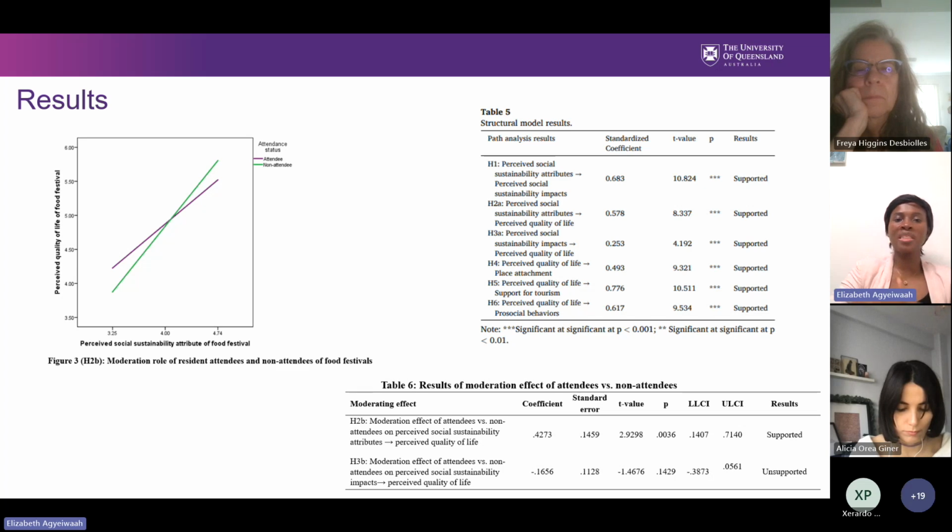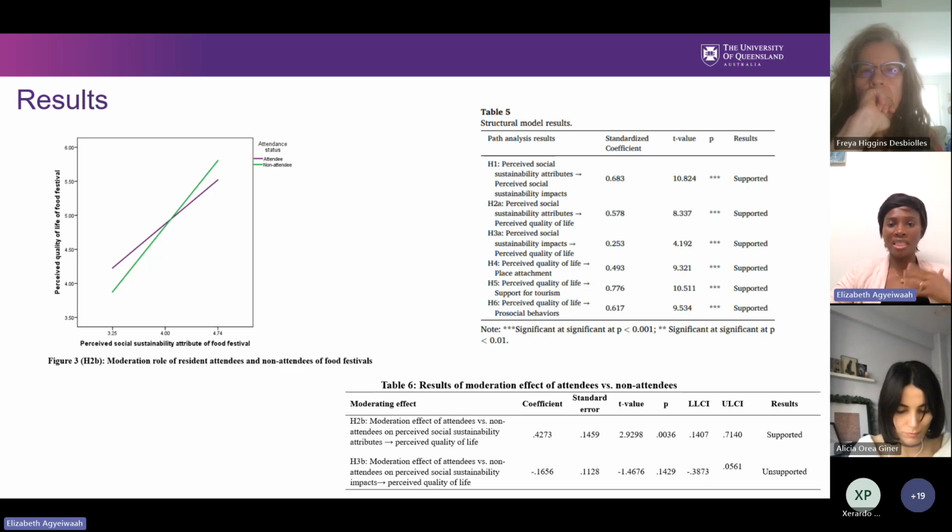And the same perceived sustainability attributes also impacted the quality of life, that the more residents feel that the event is culturally authentic, has more social interactions, they also think that it will have a quality of life impact on them. And another important hypothesis was to find out whether residents' perception of the perceived quality of life will impact how they feel or how they will support the event.